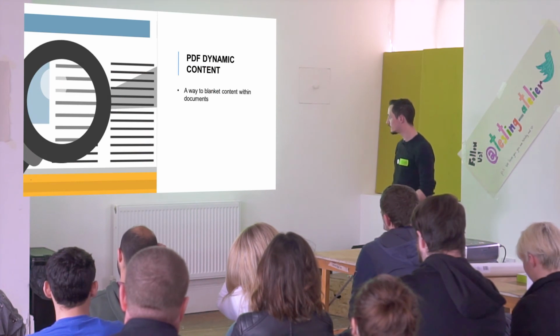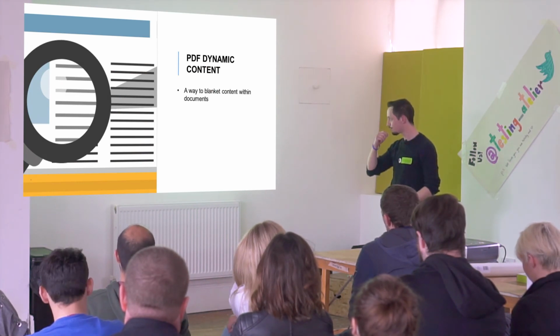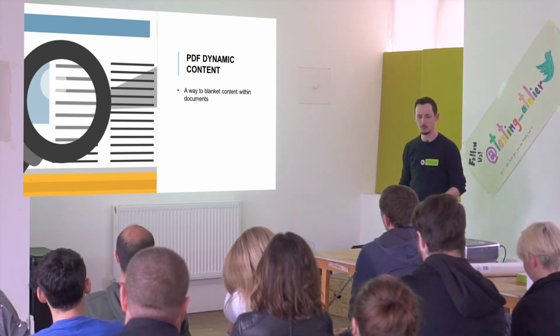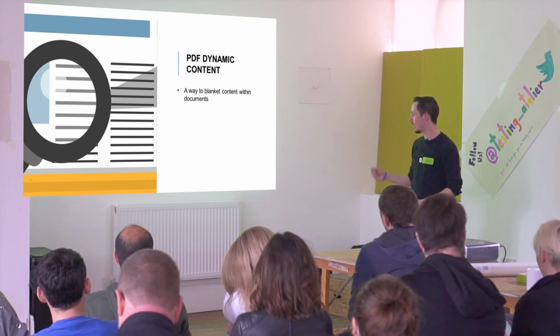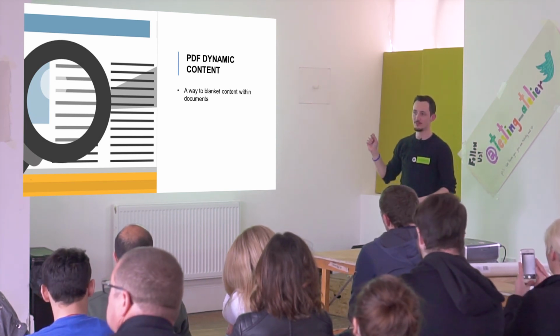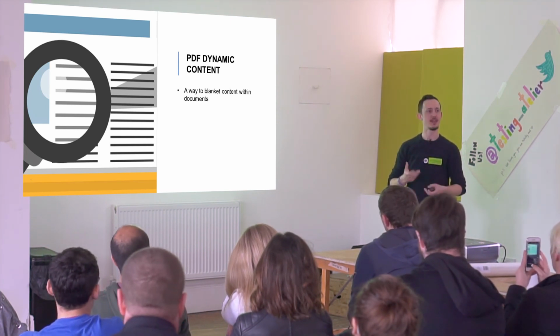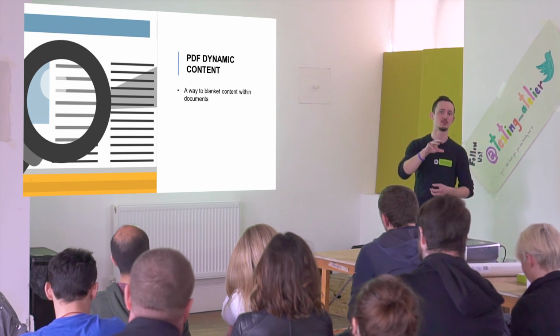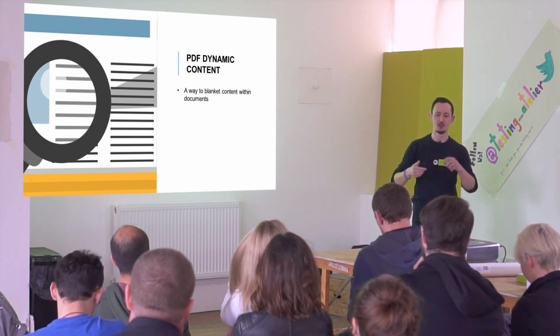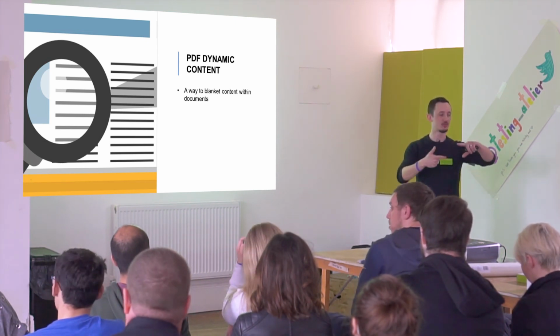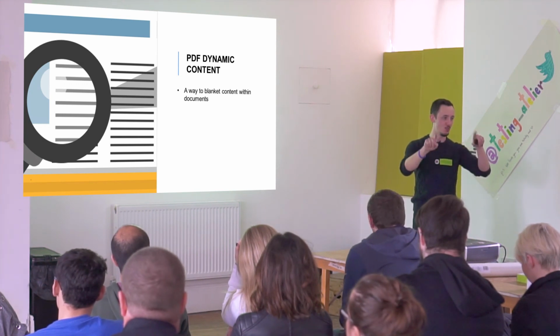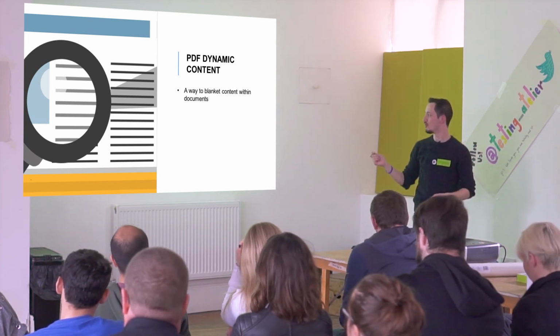Upcoming challenges. So PDF dynamic content. We use a third party called Aspose. And what you can do with that is you can find elements by the way it renders, if you had a screen with boxes, you can try and find a box of a certain size or with a width around it, or you can use regex.